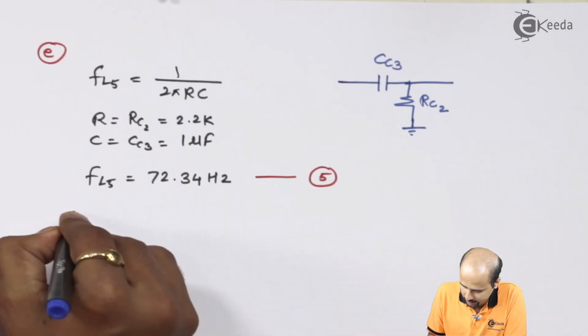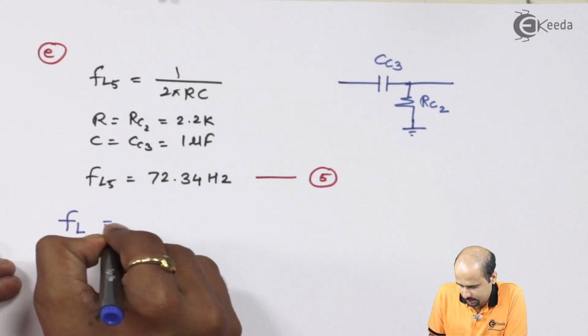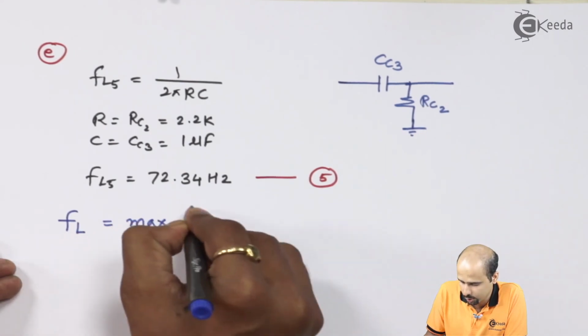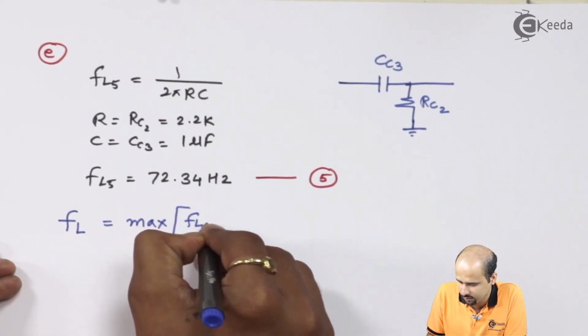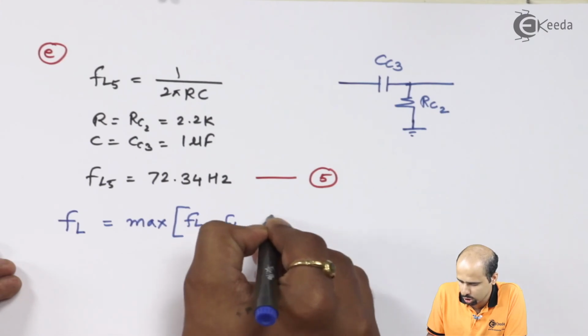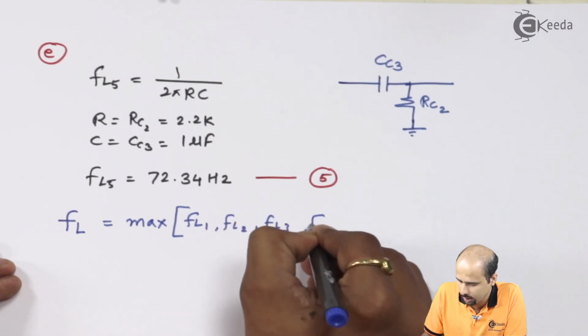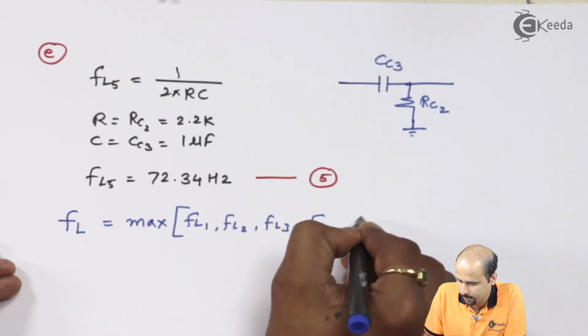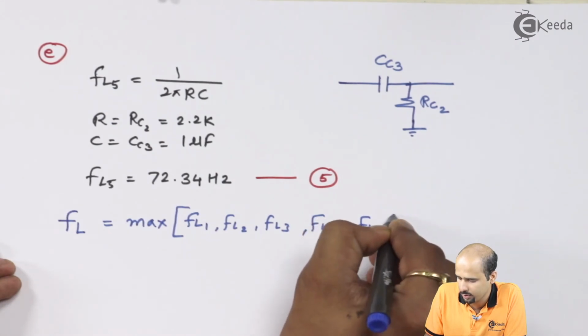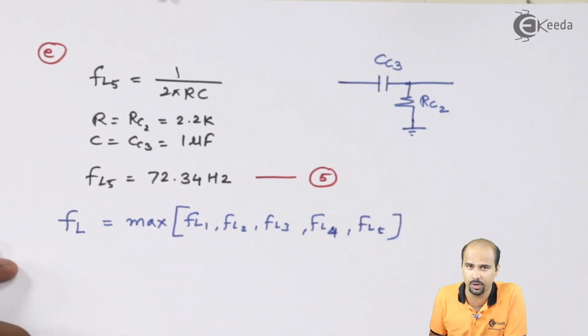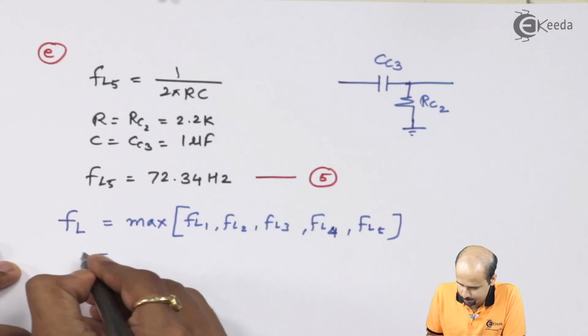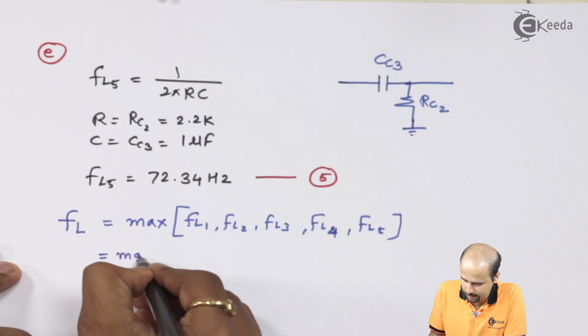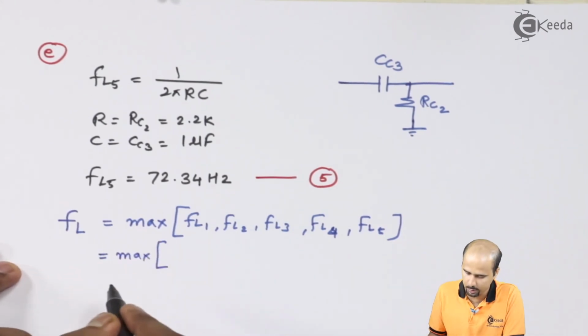As I know, FL is nothing but the maximum value out of all FL1, FL2, FL3, FL4, FL5. So just write the particular values and then we'll decide which value we have to take.